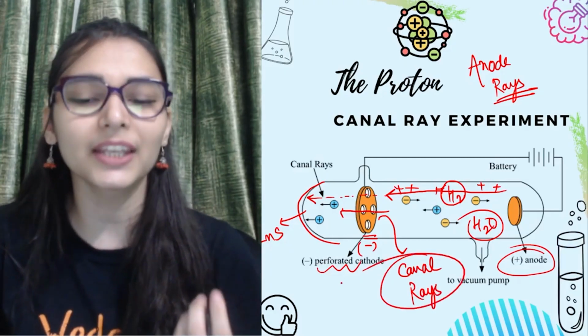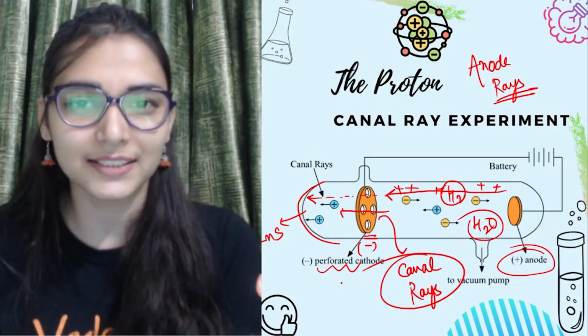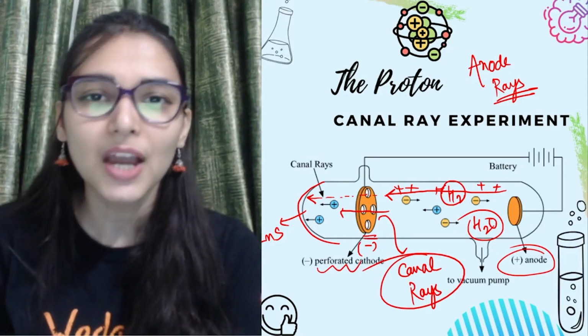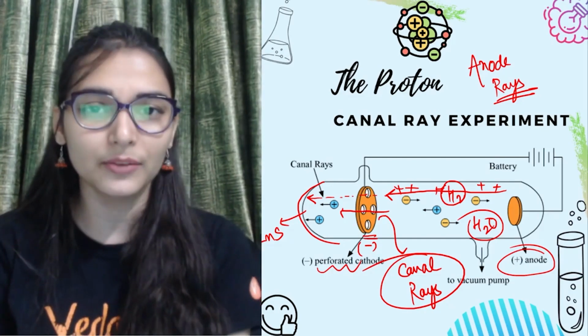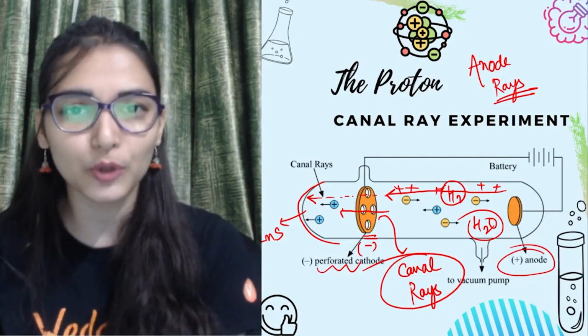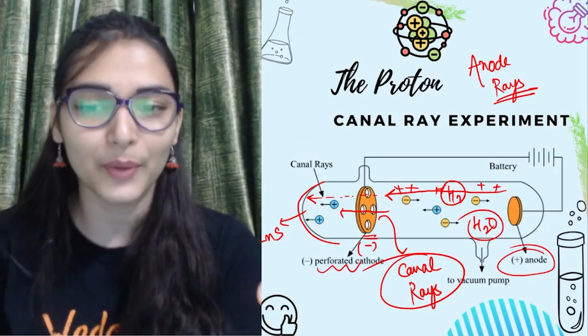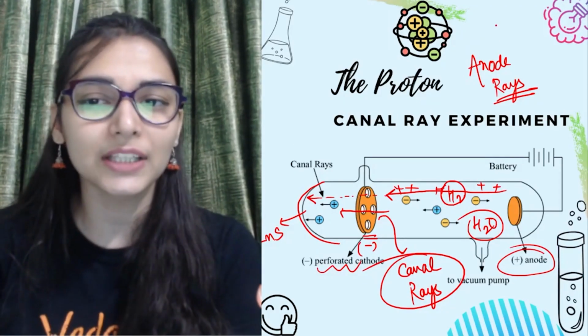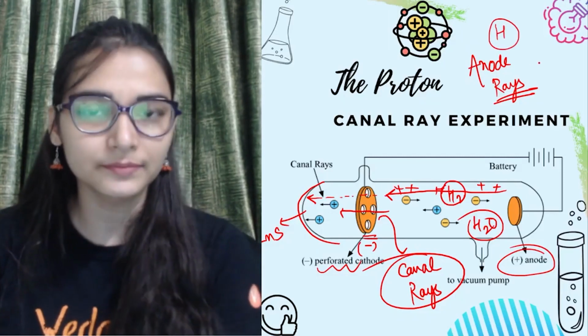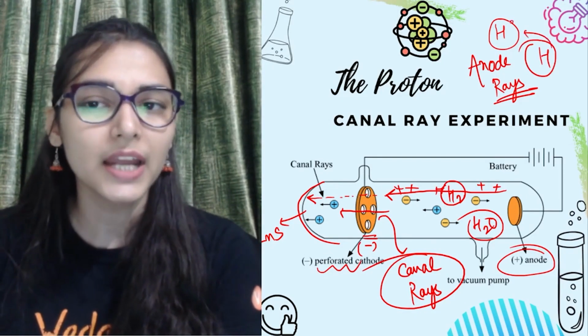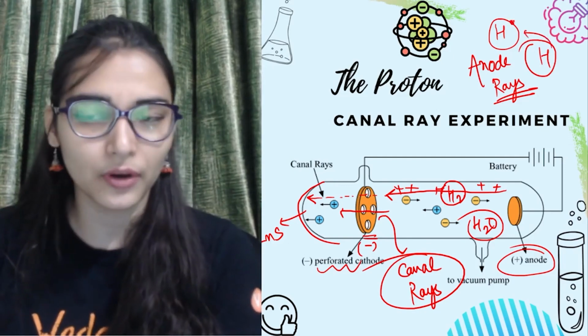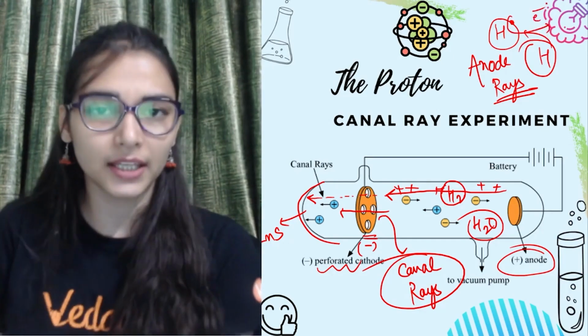This is a very important question that can be asked in your exam. What are canal rays? What kind of charge do they carry? What is their mass? The basic properties can be asked, so you have to remember that. And how is this happening? Look, this is one hydrogen atom, another hydrogen atom. When they collide with each other, hydrogen has only one electron, so that electron gets knocked out.